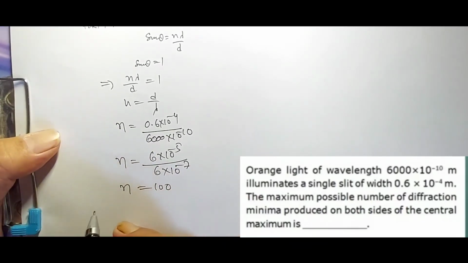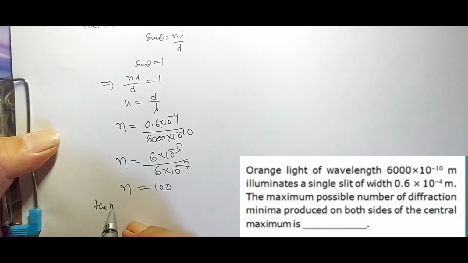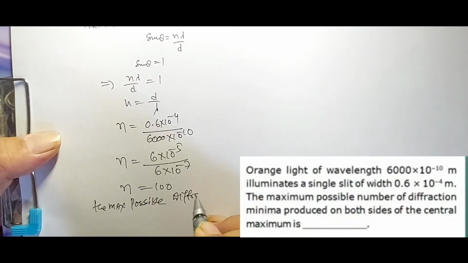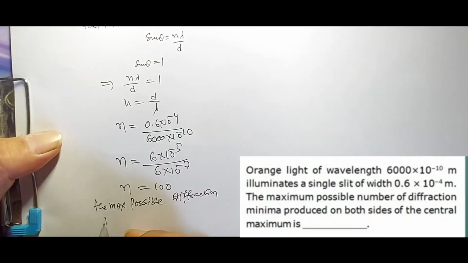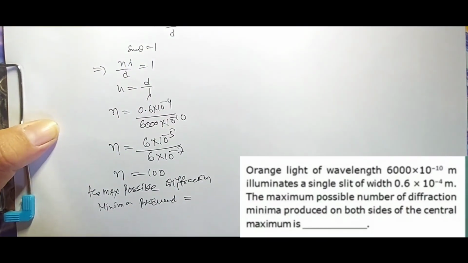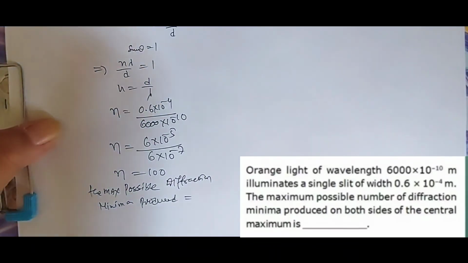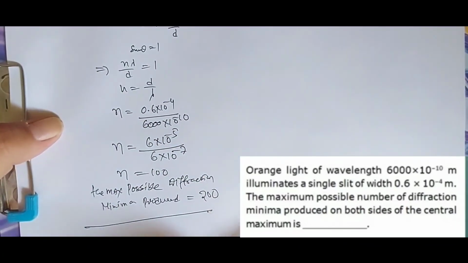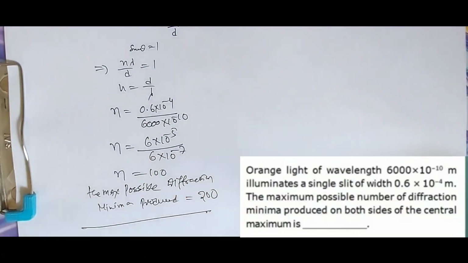On both sides means 200. This is our answer.